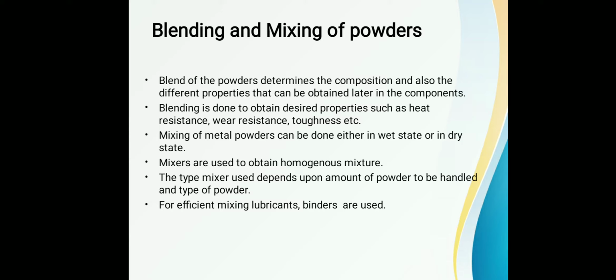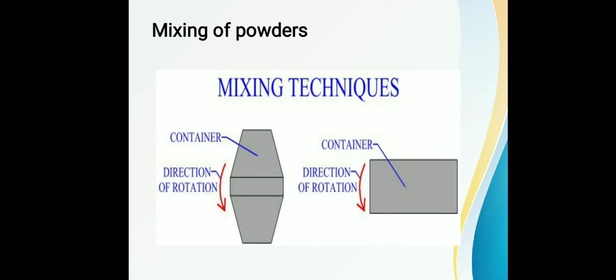different techniques are used. In the figure we can see, in the first figure there is the use of a cone, or a container, and in the second there is a drum.